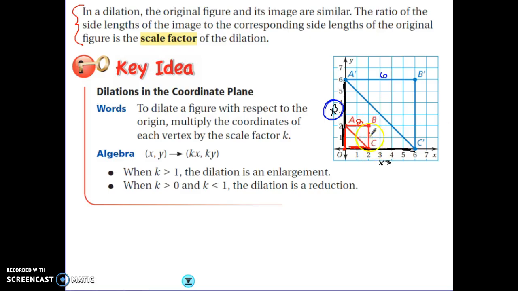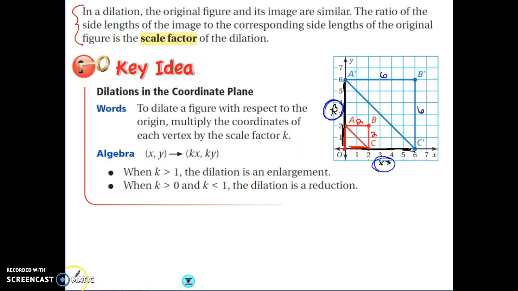From B to C, if we look at that distance, we find it's a distance of 2. From B prime to C prime, we see that that's a distance of 6. And again, we multiply by that scale factor of the dilation. So we use that scale factor not only to find the new positions of our vertices, but also we can use it to calculate the lengths of our sides in the new figures.